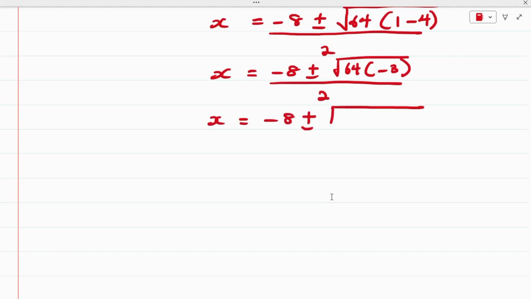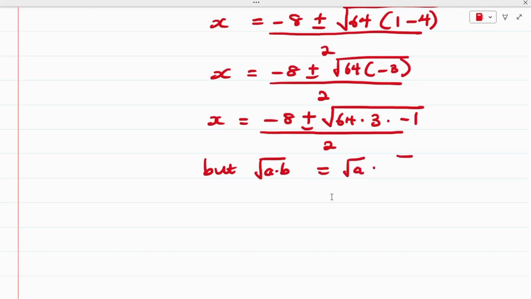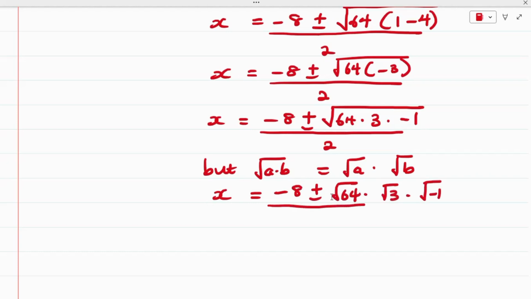We can easily express this to be 64 multiplied by 3 multiplied by negative 1, divided by 2. But we know that the root of a multiplied by b is equal to the root of a multiplied by the root of b. So we have that x is equal to minus 8 plus or minus the square root of 64 multiplied by the square root of 3 multiplied by the square root of negative 1, divided by 2. But the square root of negative 1 is equal to what?